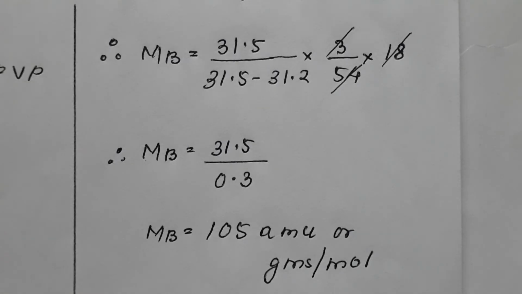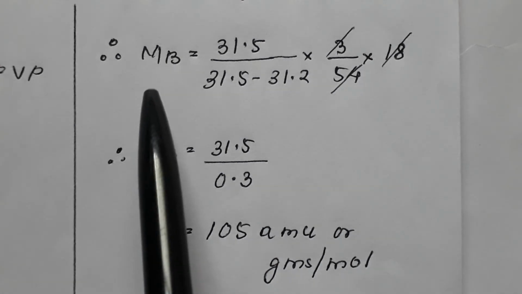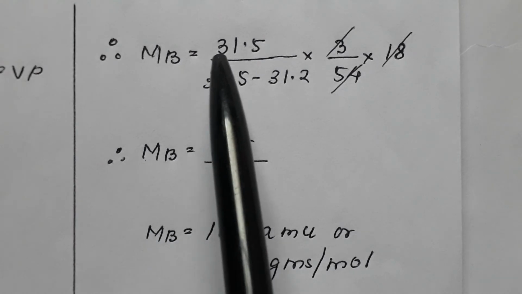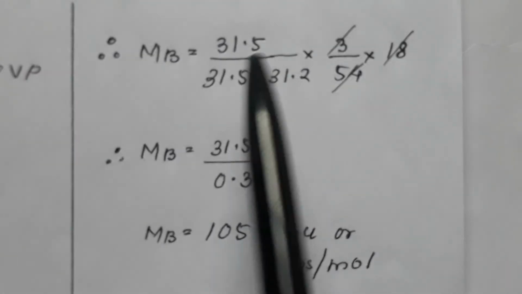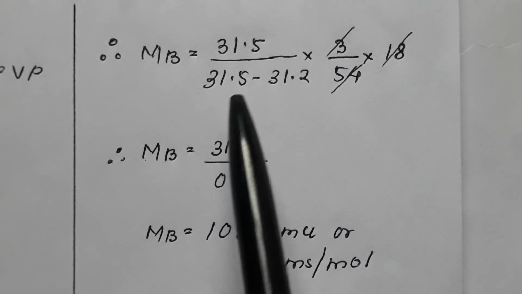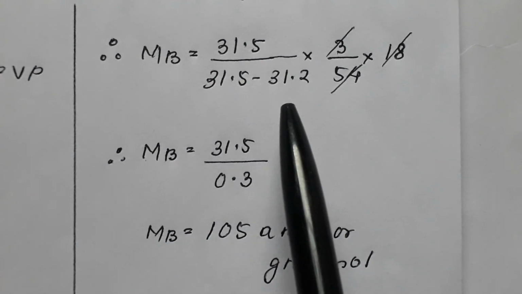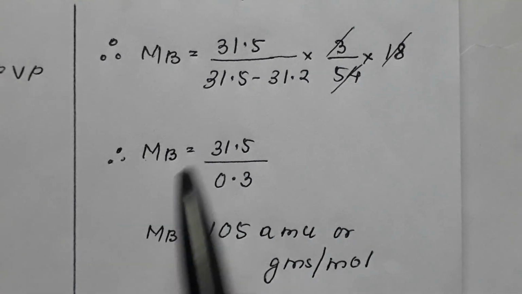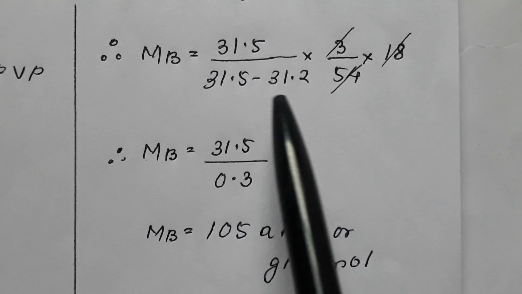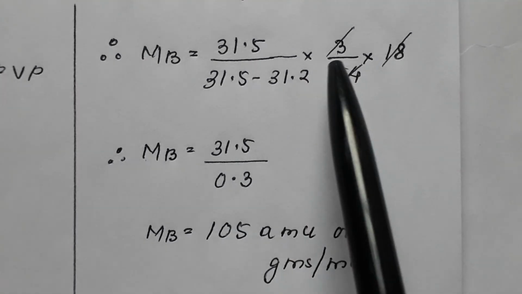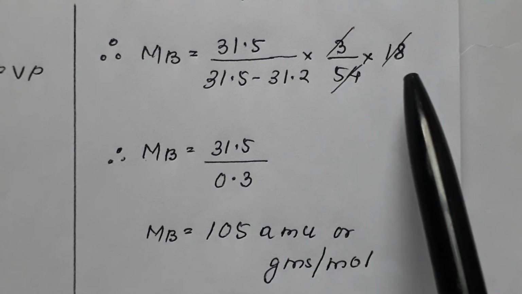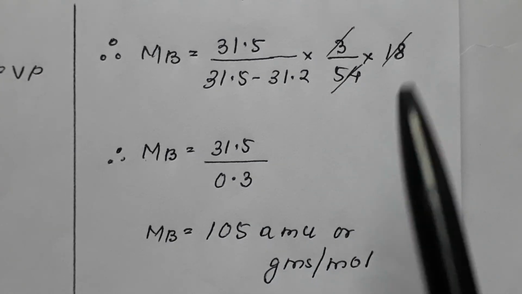So substituting the values in the equation, MB is equal to the vapor pressure of pure solvent, 31.5 mm, upon the vapor pressure of pure solvent 31.5 minus the vapor pressure of solution 31.2. So this is 31.5 upon 31.5 minus 31.2, into weight of solute 3 grams, upon weight of solvent 54, into molecular weight of solvent 18.